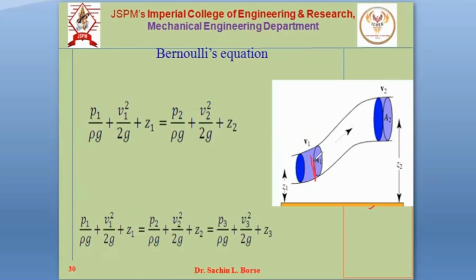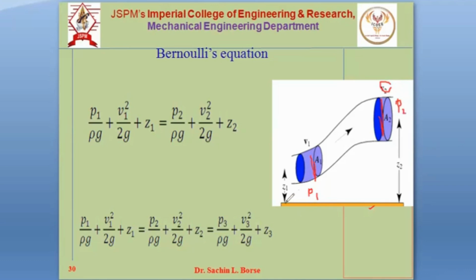This is the inlet, this is the outlet of the pipe. So at this location, Z1 is the datum. Here velocity is V1, pressure is P1. At this location, our exit velocity is V2, pressure is P2, and datum is Z2.